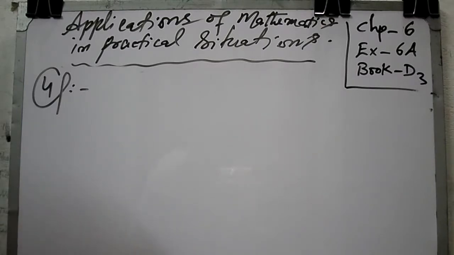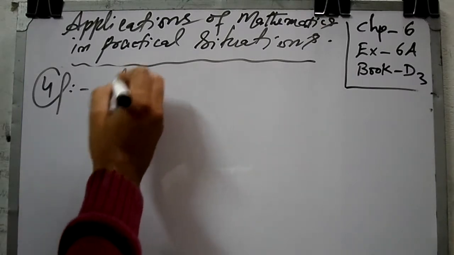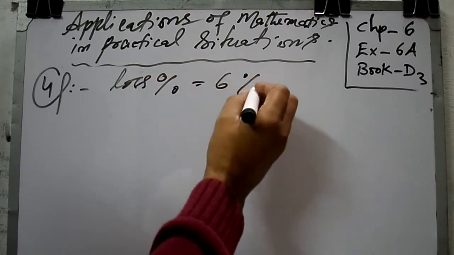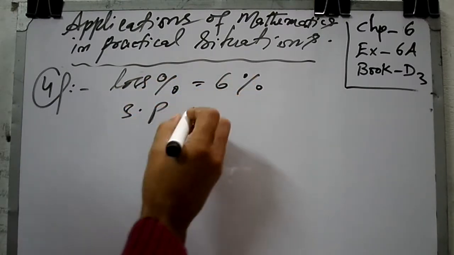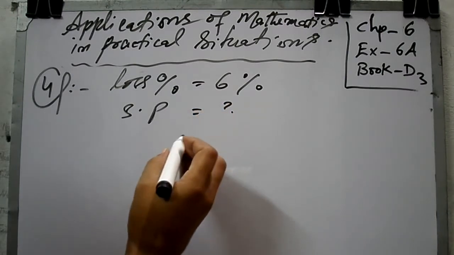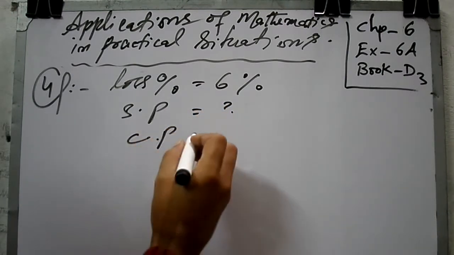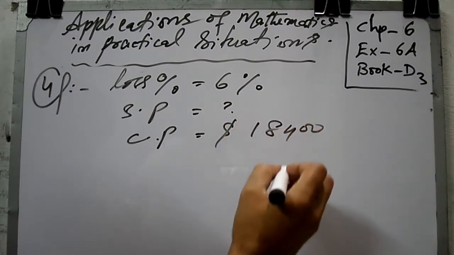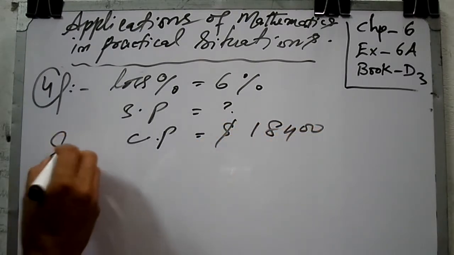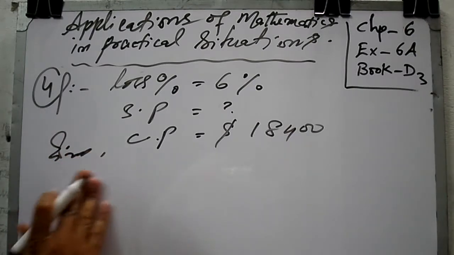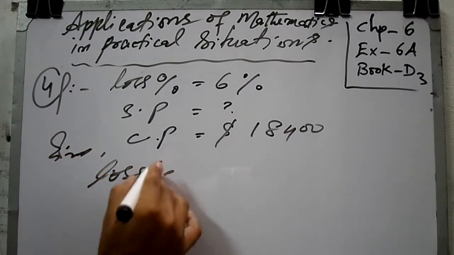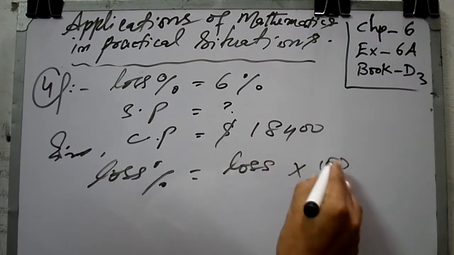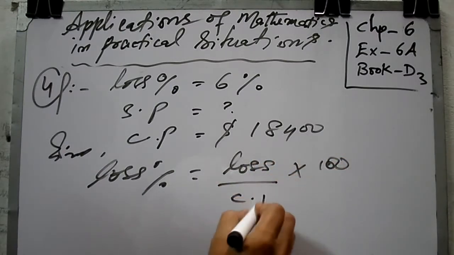Okay, so once again, it is given that loss percent is equal to 6%. Sale price we have to find, cost price is $18,400. Since we have a formula, loss percentage is equal to loss multiplied by 100 divided by cost price.